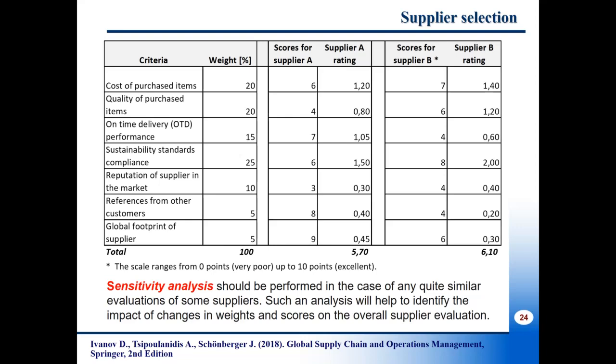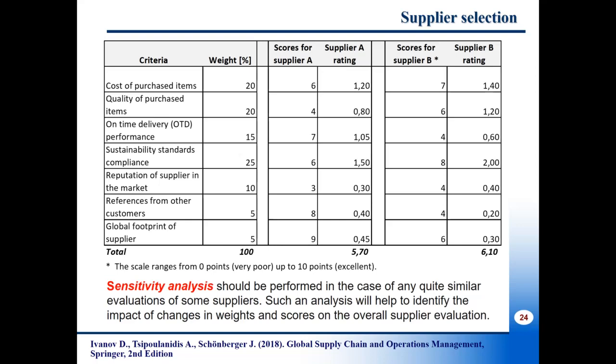The scoring involves two suppliers A and B and contains numerical numbers from 0 to 10 on a Likert scale. The higher the score, the better such a particular supplier A or B performs. The supplier rating column is a multiplication of the weight column and score column. Total represents the summation of all supplier ratings from 6 criteria.